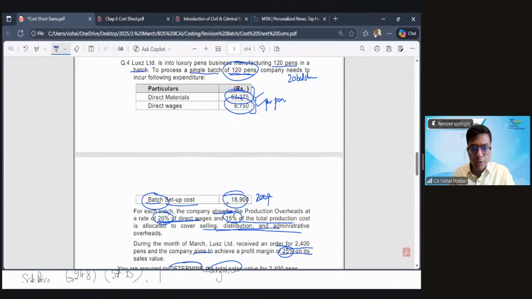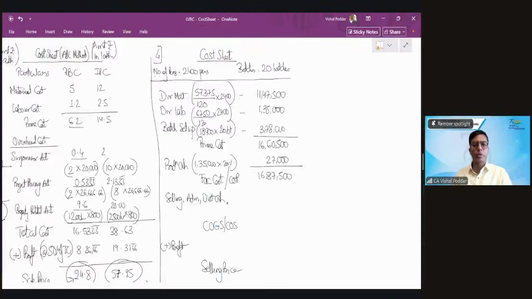Now, selling, distribution, administration is 15% of production cost. So how much it will come to? 1687,500 into 15%.